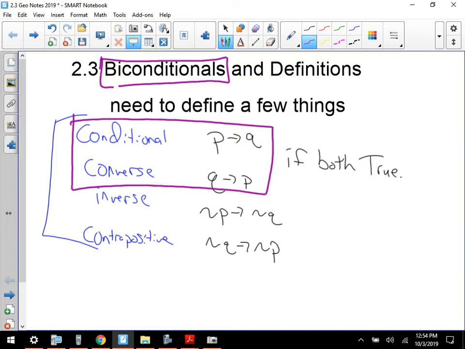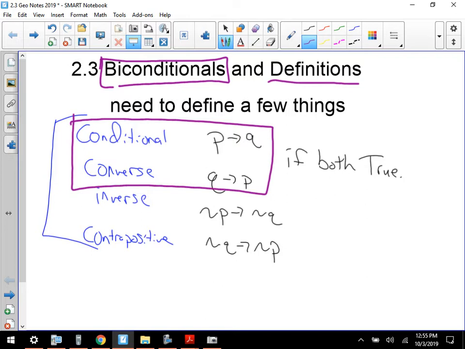What that means is you can say it truthfully forward and backward. You see that a lot with definitions, and that's why we talk about it in terms of definitions. A biconditional statement is saying that if the conditional statement is true and its converse is true, it can be called a biconditional.